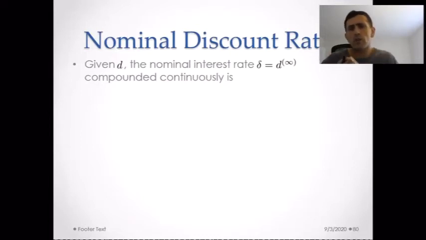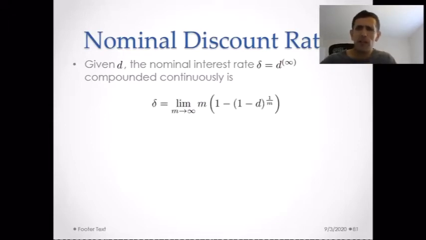Let's say now, just like with interest, we want to let m go to infinity. So the nominal discount rate delta, or d superscript infinity, which is kind of weird to write, so we use delta, compounded continuously, is: just take the formula for d superscript m and let m go to infinity, and this is an infinity times 0 form.